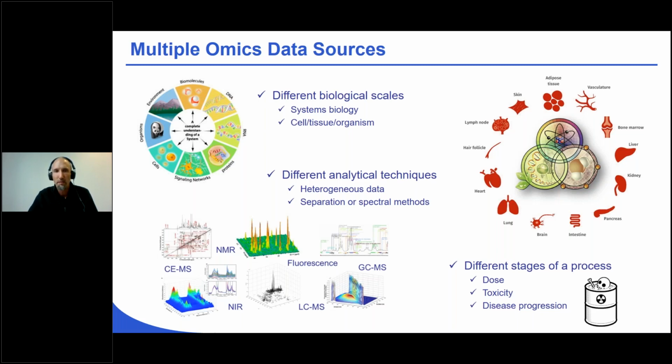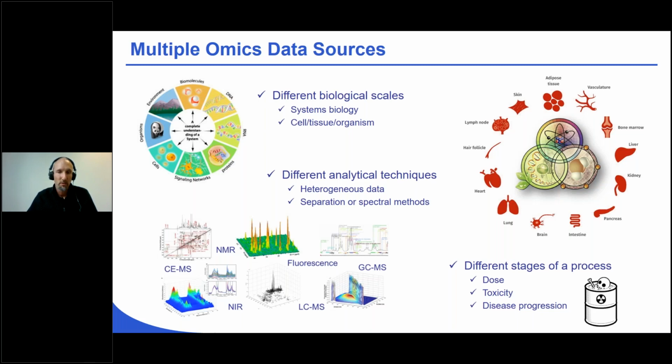For example, if you want to collect metabolomic data from different cell types, different tissues, different organs, and integrate them to get a more complete understanding of the way the organism deals with different stimuli, for example. This may lead to this kind of data structure that needs integration tools to make sense of the different data that have been collected.